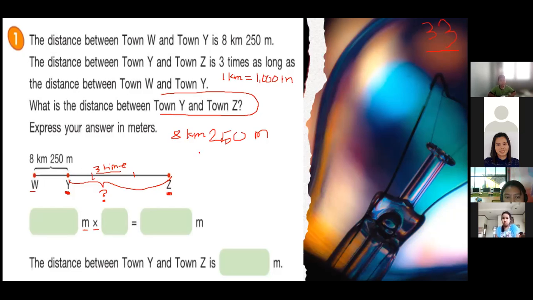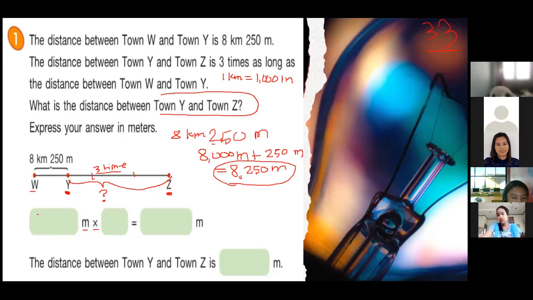That will be 8,000 meter. Okay, 8,000 meter. So plus 250 meter, that is equals to 8,250 meter. So we know already because we just convert this one.